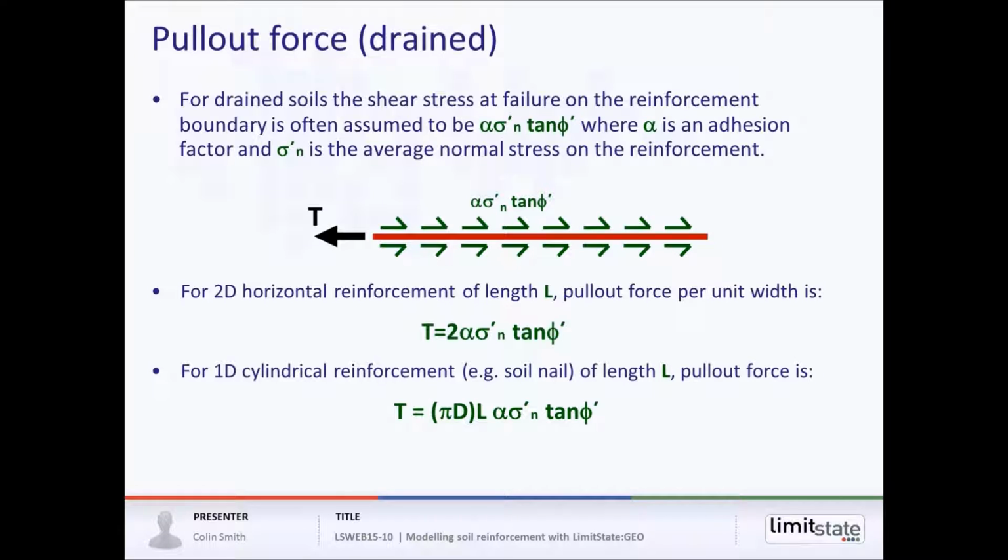In terms of the drained case, it's a little bit more complicated. This time we assume that the shear stress at failure on the reinforcement is again some coefficient alpha multiplied by the average normal stress on the reinforcement multiplied by tan phi dashed. And again, we can calculate this for 2D cases, multiplying that by 2 for the upper and lower faces, or for one-dimensional, say, cylindrical reinforcement, where we multiply by the circumference.